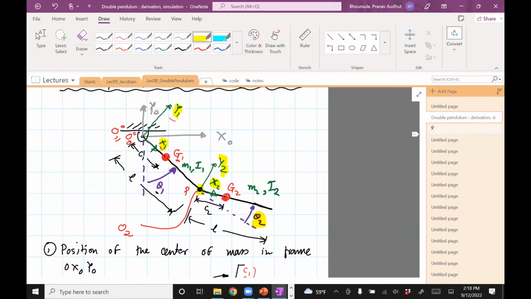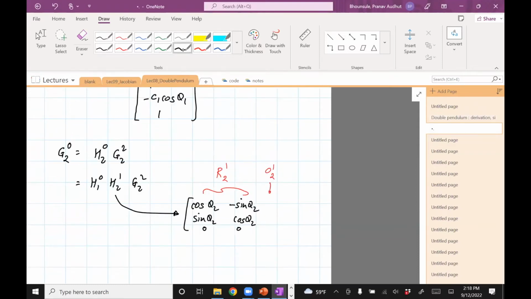So that's what it's going to be. L, 0, 1. So let me just put a note here. It is the position of point P in frame 1.